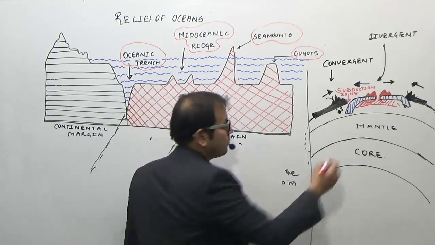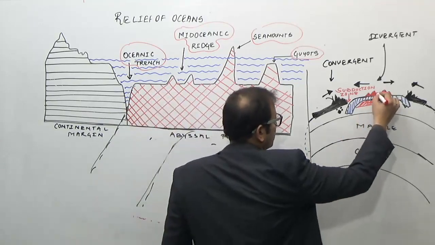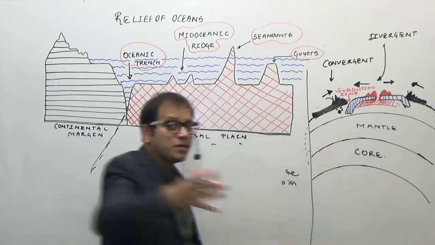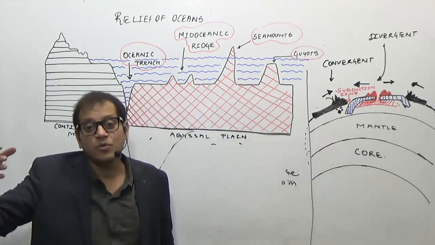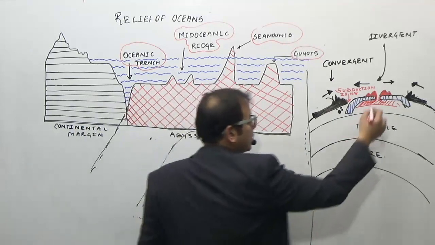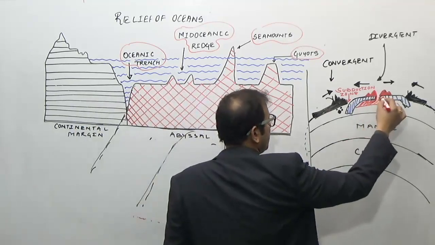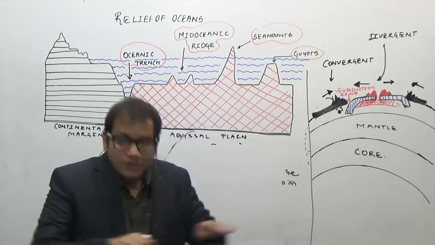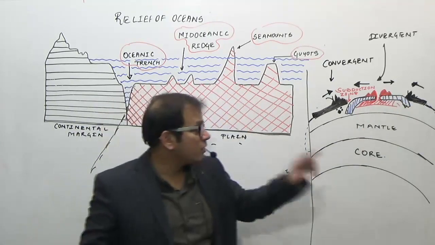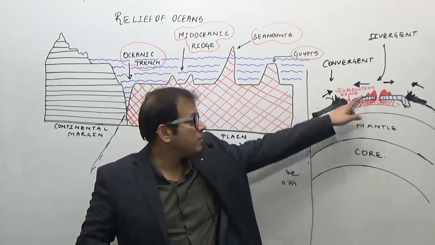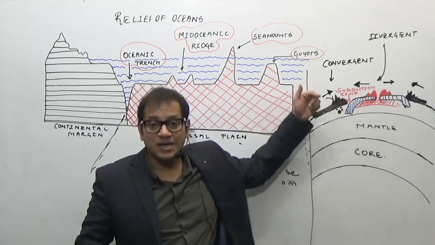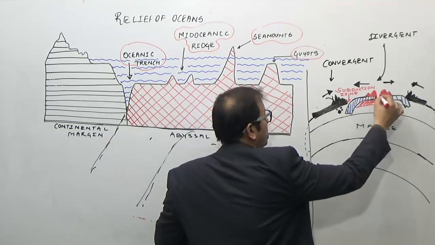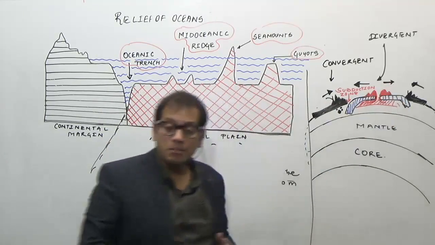And as a result, the molten rock comes out here. After coming out, because this is an oceanic plate, obviously it is below ocean water. The molten rock comes and gets solidified along both the sides. Again the ocean plate will move. The mountain which was formed earlier moves aside and new lava will come and form a mountain.